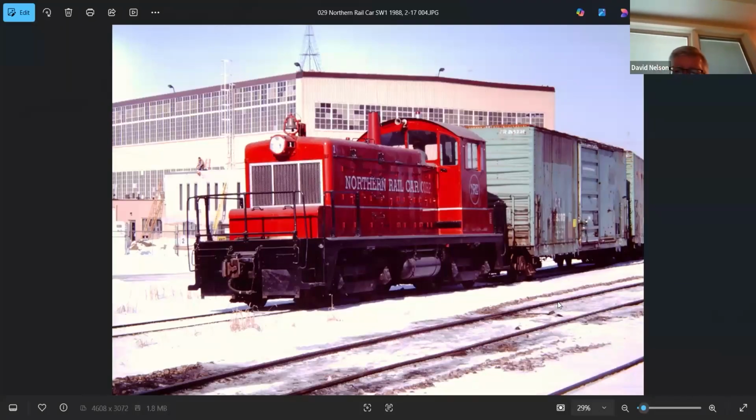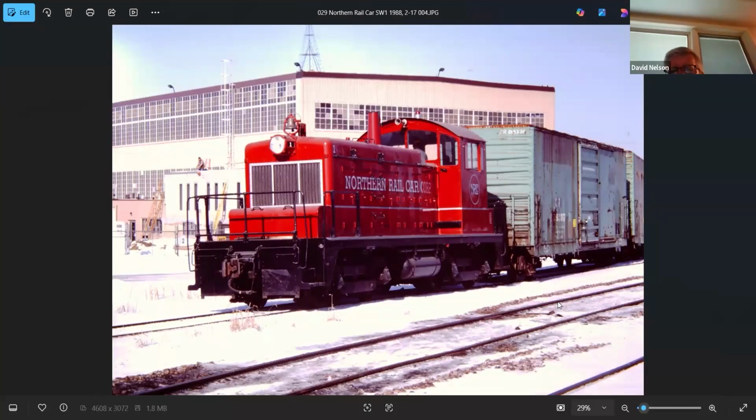Another type of interchange and junction, which I give a clinic on the Bucyrus Erie factory and its railroad, but this is not that factory, is an industry that has substantial railroad activities and has its own locomotive. This is Northern Rail Car, which is now out of business, but was located in Cudahy, Wisconsin, and it rehabbed both passenger and freight cars, had this nifty little SW1, and it operated just like an interchange.